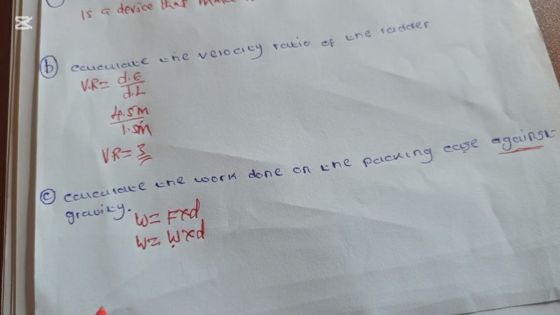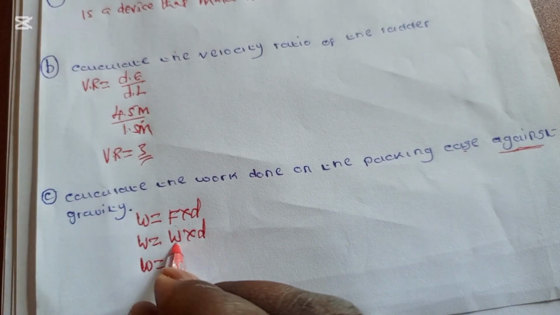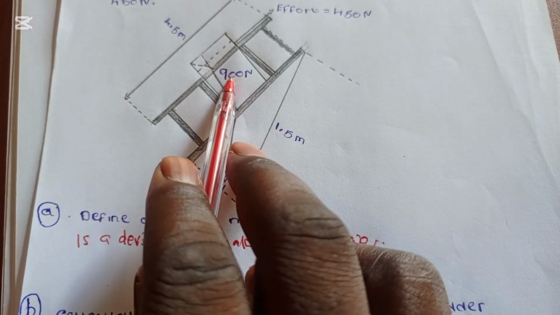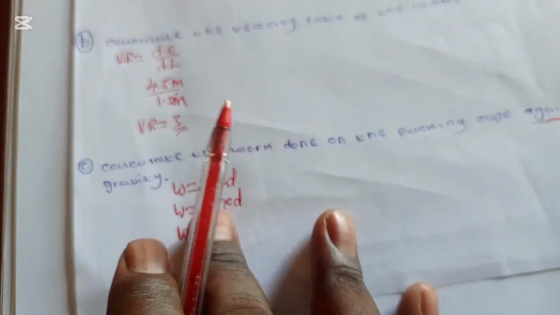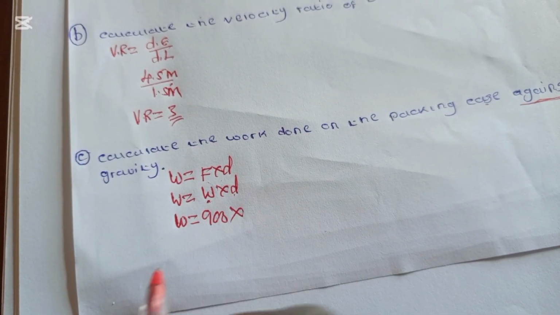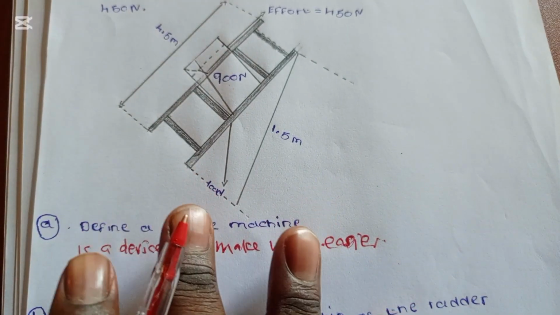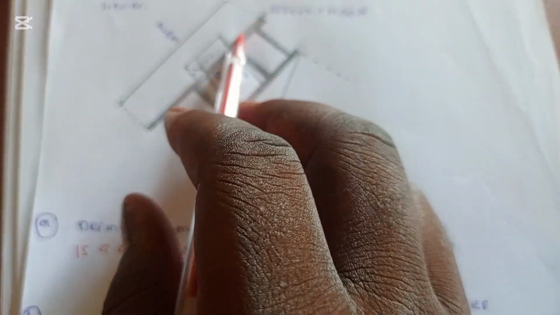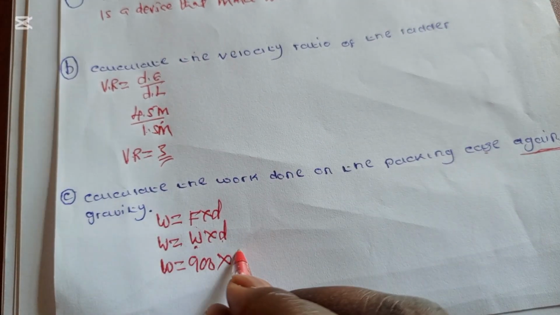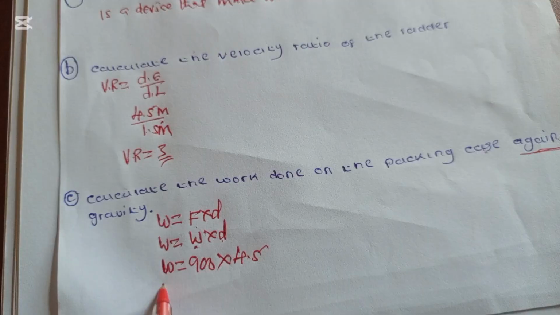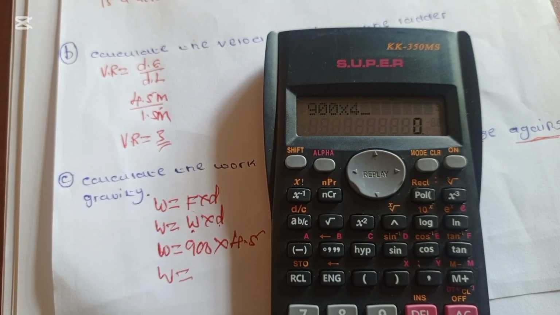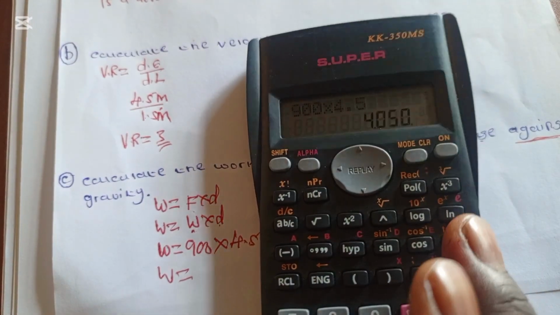So work done is equal to the weight given, which is 900, times the distance moved against gravity, or the effort distance, which is 4.5. So work done is equal to 900 times 4.5. The answer is this one.